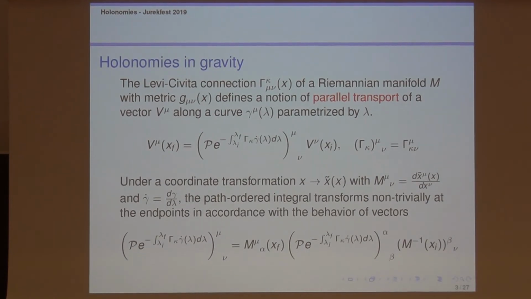And then this quantity typically transforms at its endpoints in a way which is derived from the transformation of vectors. If we change coordinates at the endpoints, we have also to modify this path-ordered product in a sort of trivial way, as it is here.